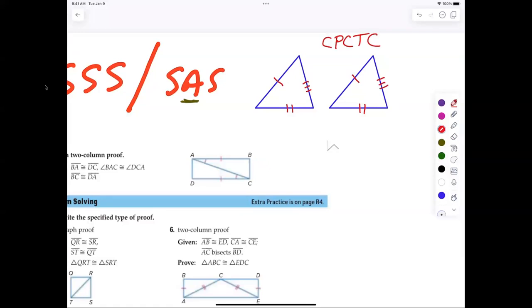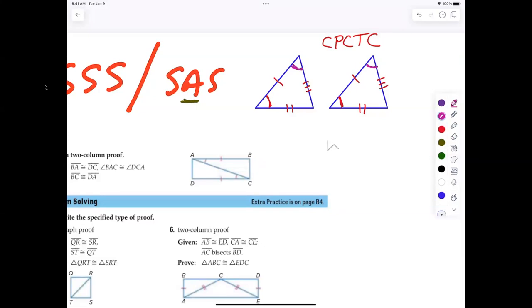So we've established those two blue triangles are congruent by what? Side, side, side. So how do I know that this angle is congruent to this angle now? Because of corresponding parts of congruent triangles are congruent. How do I know that this angle is congruent to this angle up here?